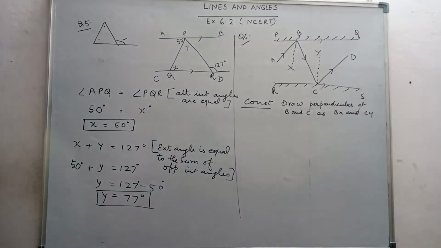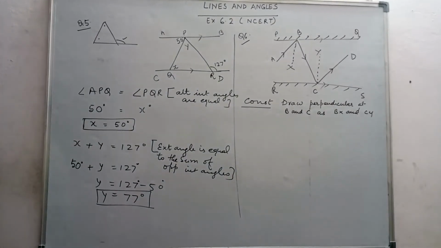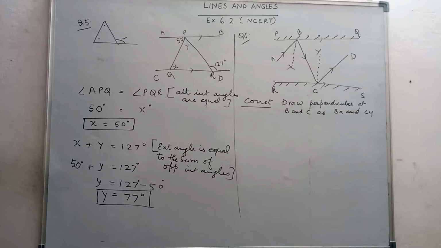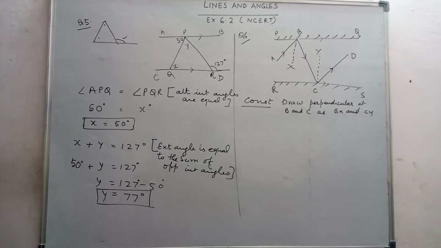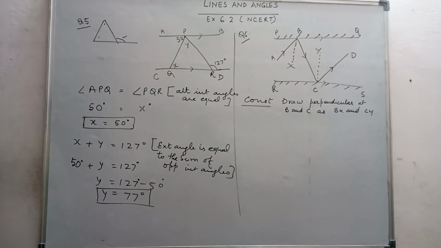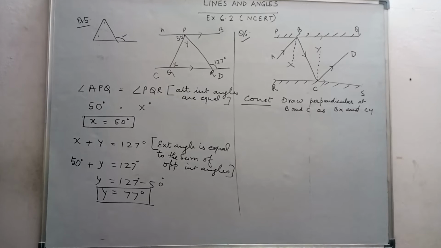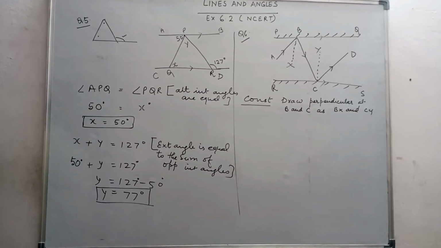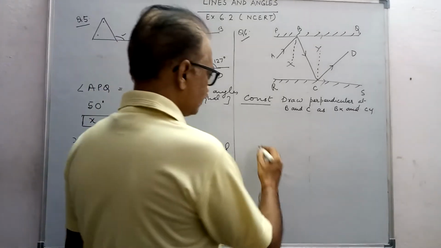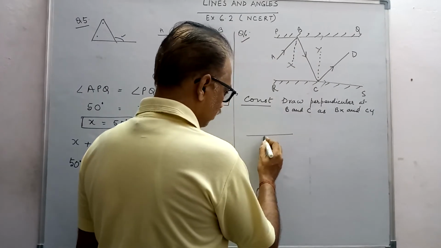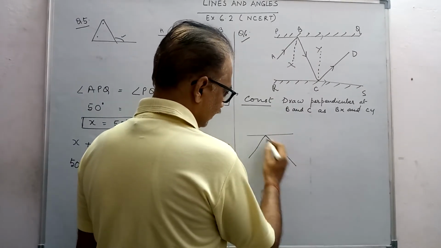Now we know very well by the principle of reflection that when a ray falls on a plane mirror, it is reflected back and it obeys the laws of reflection. The law of reflection is that if there is a plane mirror, the ray is falling and is reflected back. This is the normal.